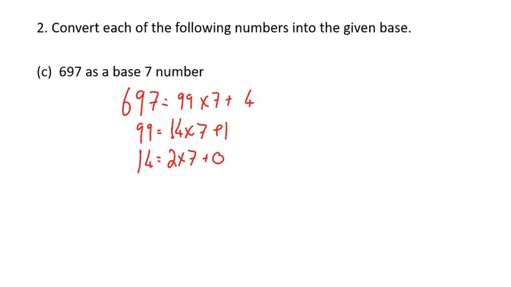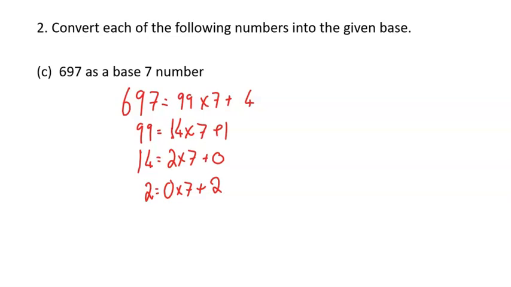Quotient here is 2, so we've got another line. 2, well that's going to equal 0 times 7 plus a remainder of 2. Now the previous examples always started that last line with 1 equals. You've got to remember, it's not always going to be 1 equals. We could end up with 2 equals in this case. We could end up with other numbers on that last line. The key thing is 0 times the base number plus the remainder.